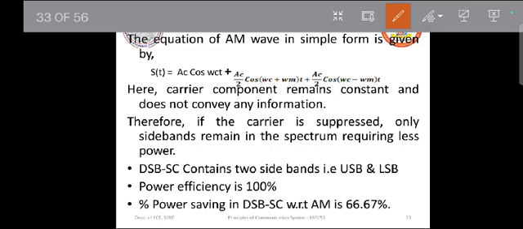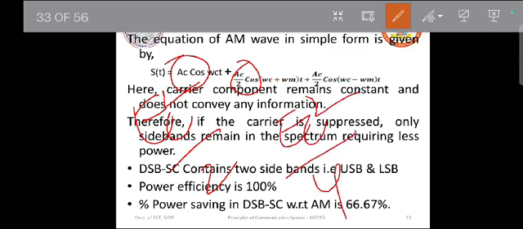The total power consumed by this term is EC square divided by 2. That becomes the average power. How about this? It will be EC square divided by 4, correct. And you will also have M there. Anyways, we have missed out this M. So M comes into the picture there. So it will be M into EC square by 4, and this will also be M into EC square by 4.